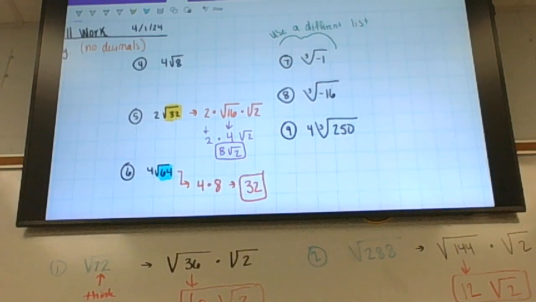Let me look at a number in that list. So 125 is in the list. I'm going to put a 3 here, and I'm going to do a negative 125. There's a negative under the radical bar. If I think to myself, what is negative 5 times negative 5 times negative 5 a third time, what's going to happen?